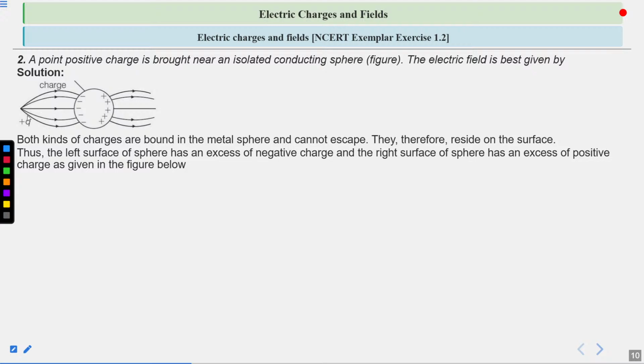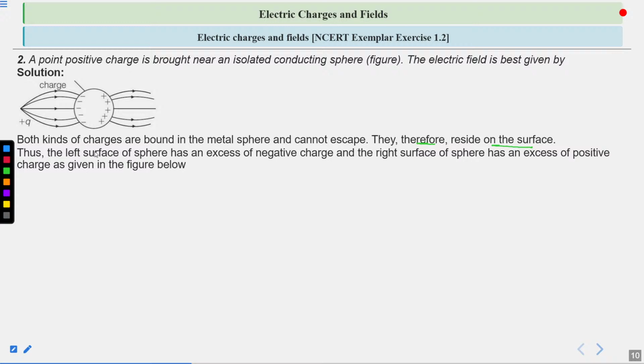When a positive charge is brought near the conducting sphere, the negative charges move towards the positive charge. Therefore they reside on the surface.